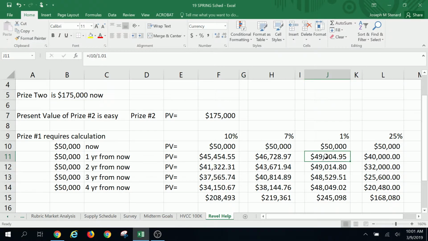And over here, it would be divided by 1.01. I'm just going to have to undo that. Okay, and over here, it would be divided by 1.25. So Excel is a great tool, but it's sensitive.